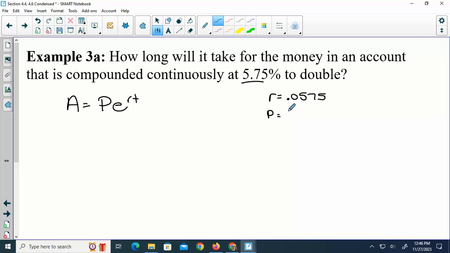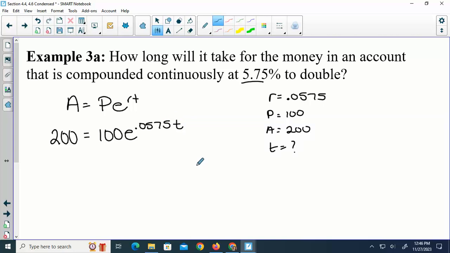Okay, what number do you want? Then if I'm going to end and I want to double it, how much do we end with? And we're trying to find the time here. So my A is 200 equals 100 e the r times t power.